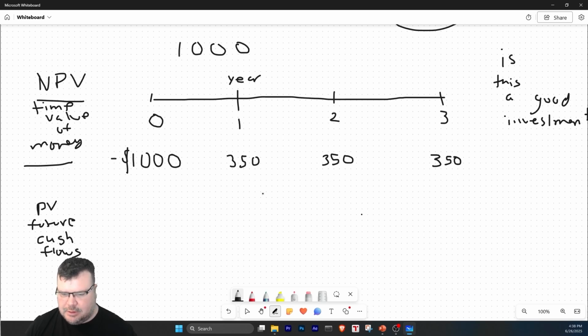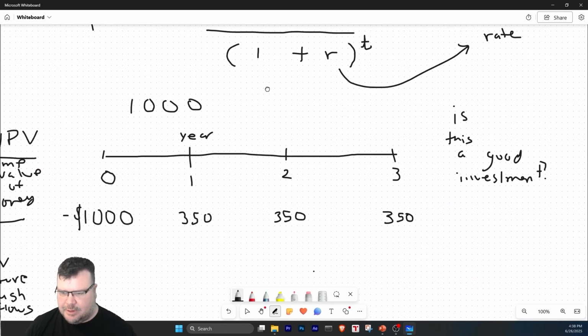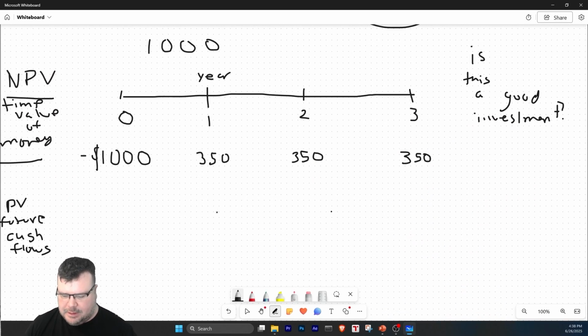Okay, so I use this equation we have right here, and I figure out, so the equation is going to be 350 divided by 1 plus r raised to the 1. And then it's going to be 350 divided by 1 plus r raised to the 2. And you can see where the exponents came in.